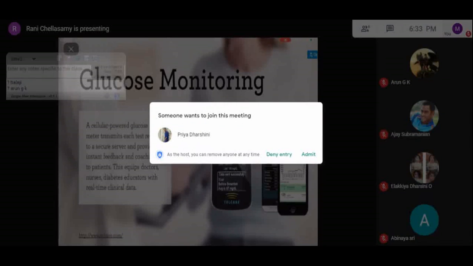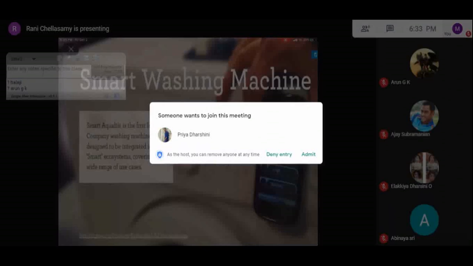Okay. Next coming, the smart washing machine. This is the first washing machine designed to be integrated in a smart ecosystem, and it provides an end-to-end digitally managed washing experience.